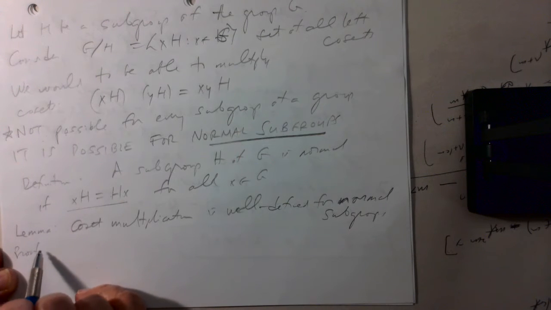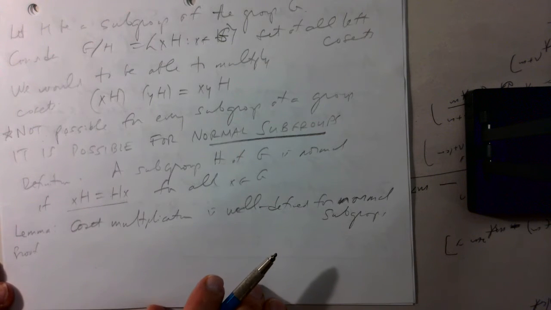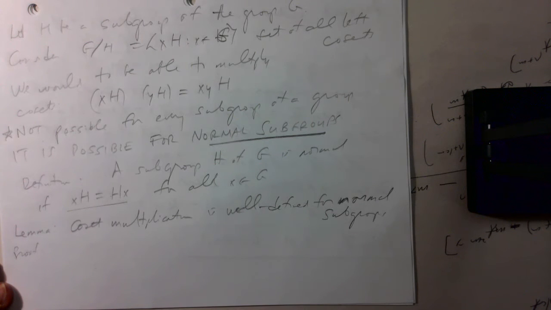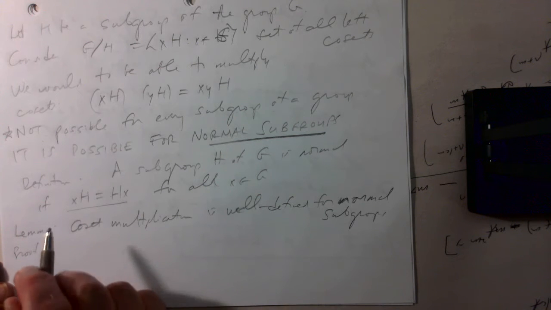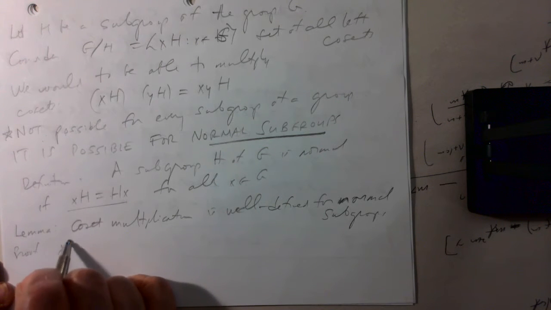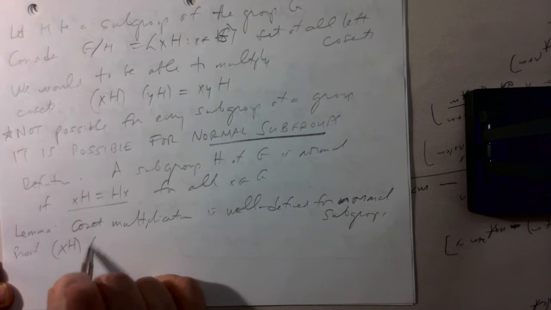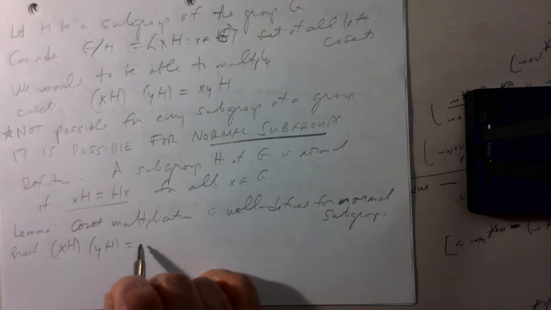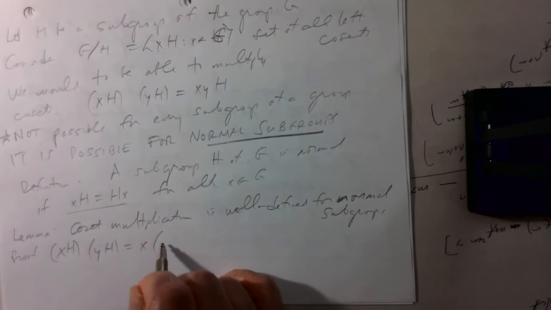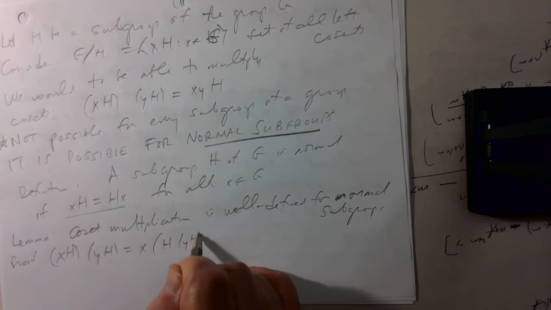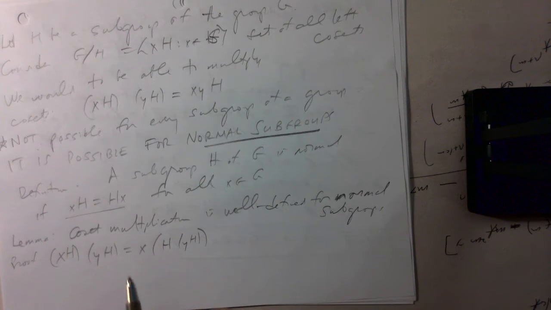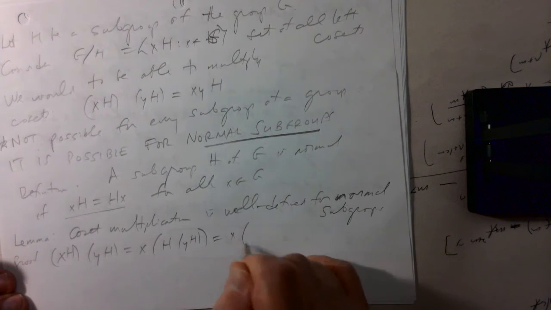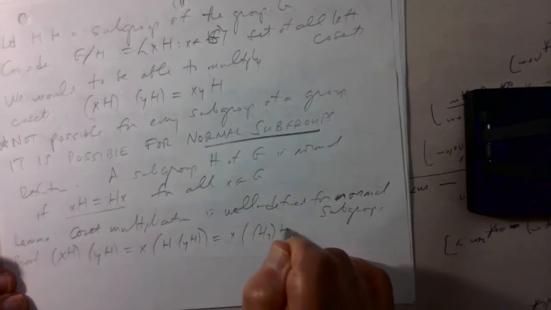And the proof is really just an exercise in associativity. If I take the coset xH and I multiply it by the coset yH, so we have associativity for multiplication of subsets of a group. So this is the same as x times H times yH, just by associativity, which is x times Hy times H.